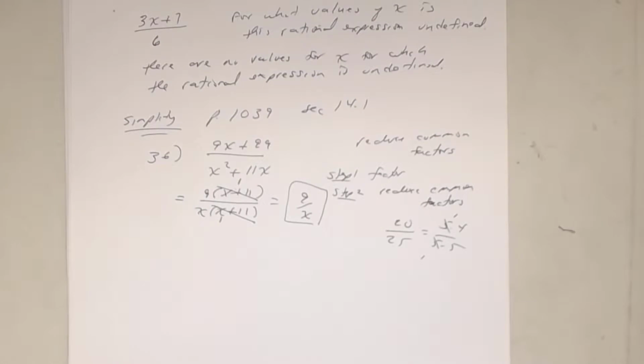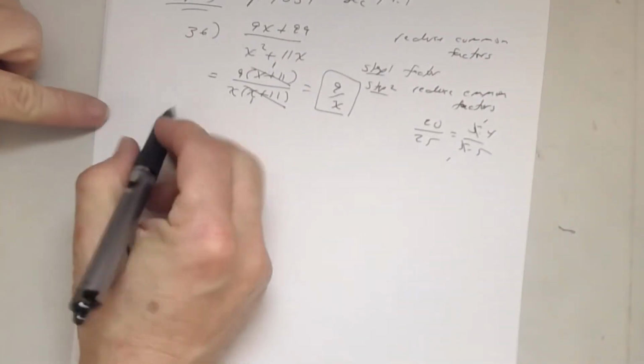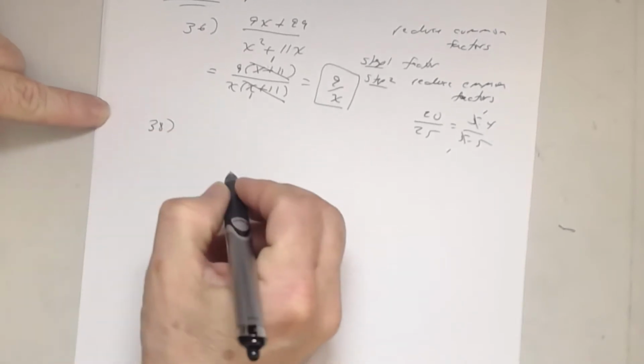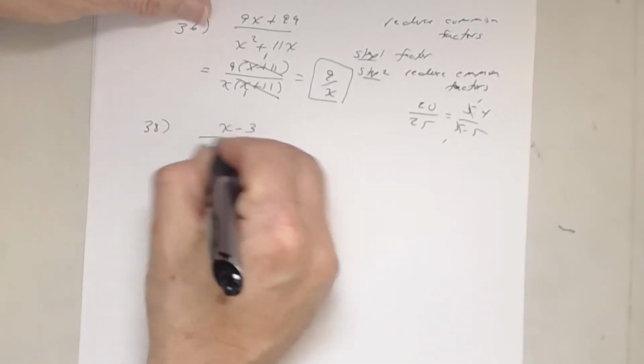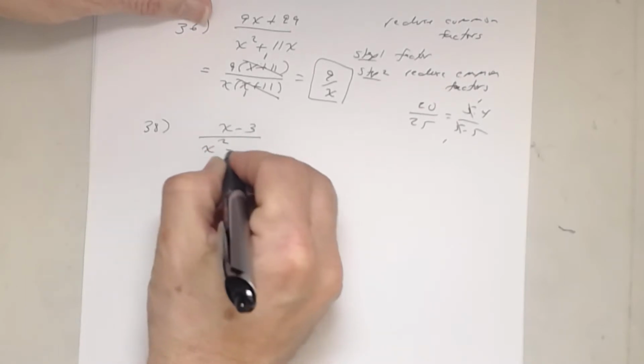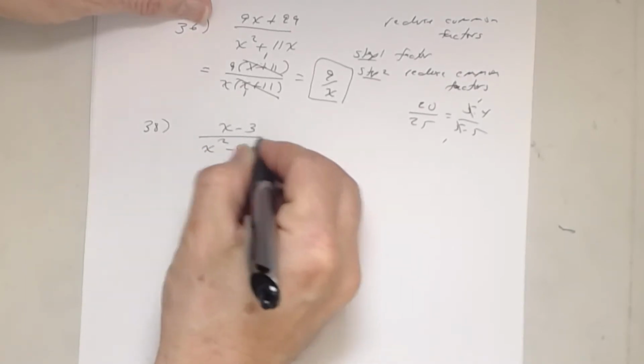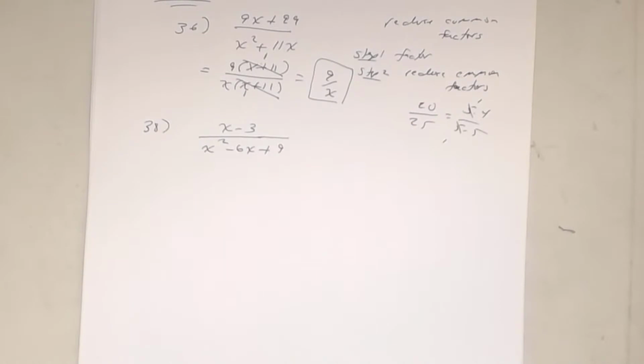All right, 38. You have x minus 3 divided by x squared minus 6x plus 9. Remember, in order to do this chapter, you have to remember the previous chapter, so you have to know how to factor.